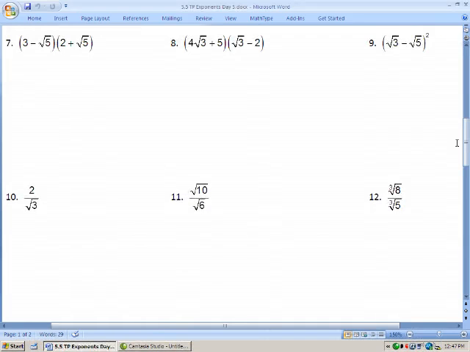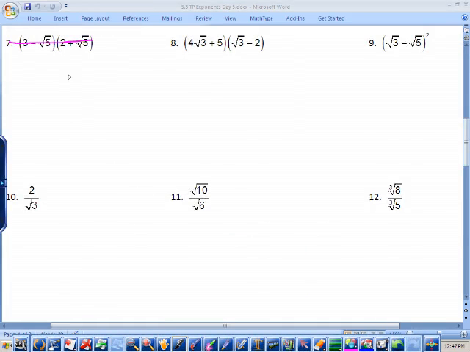All right, so we're going to skip 7. We will start with 8. What am I going to have to do on 8? Double distribute, yep. So 4 root 3 times the square root of 3 is 4 times the square root of 9, which is just 3.